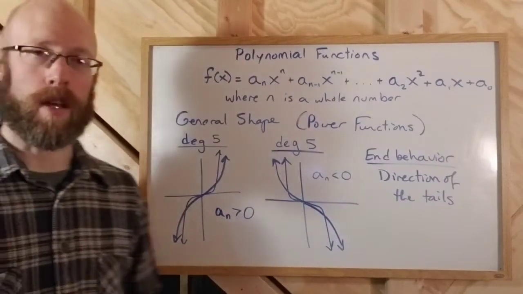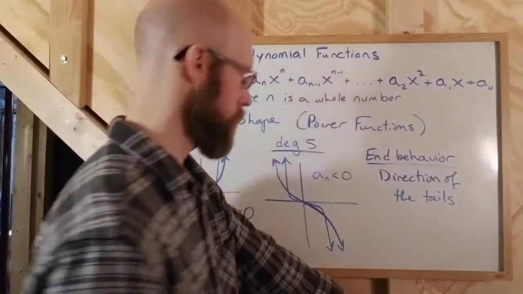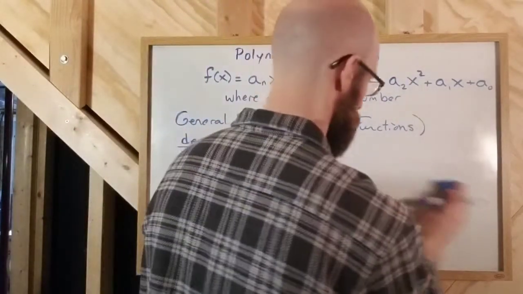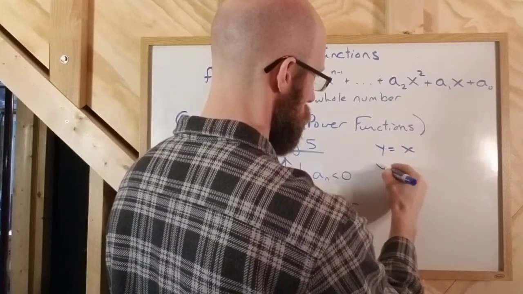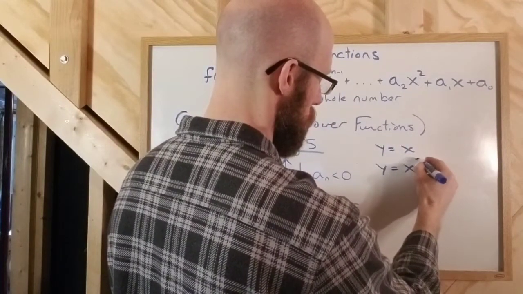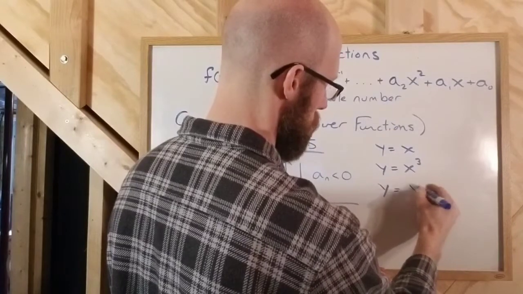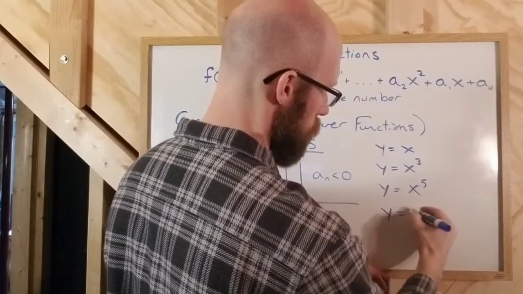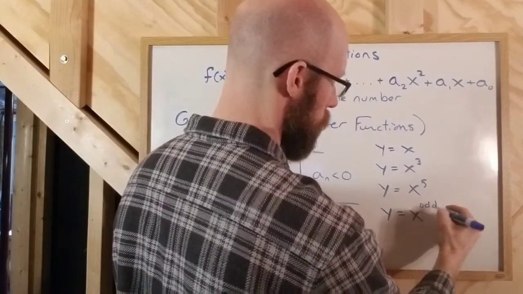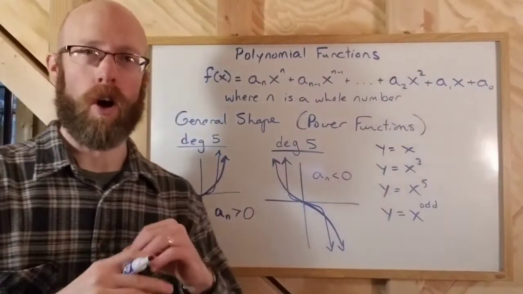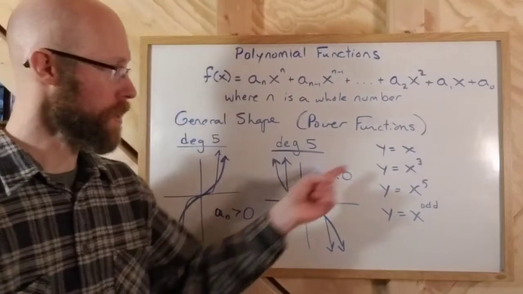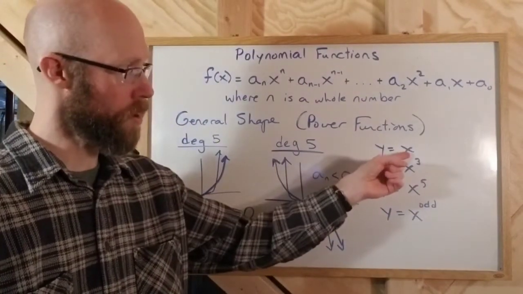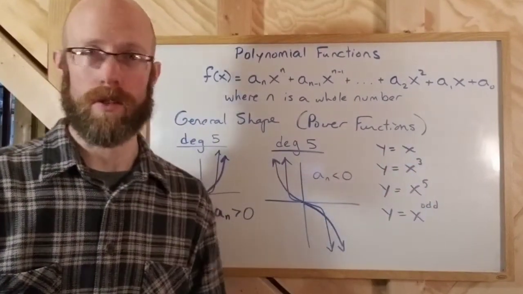And what's going to happen is that on all of the power functions, whether they be y equals x, or y equals x cubed, or y equals x to the 5th, or any y equals x to an odd power, there are 3 points that all of them contain. First of all, they all go through the origin, right? Because 0 raised to any of these odd powers is still 0.